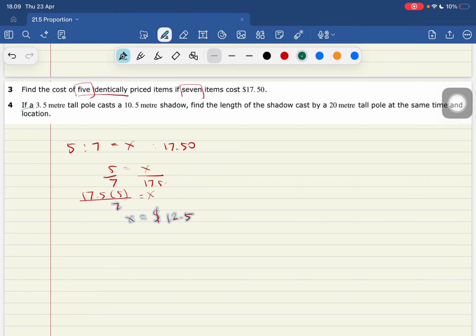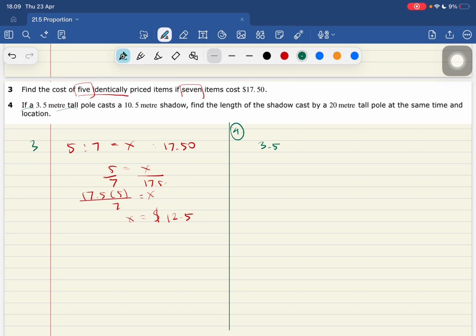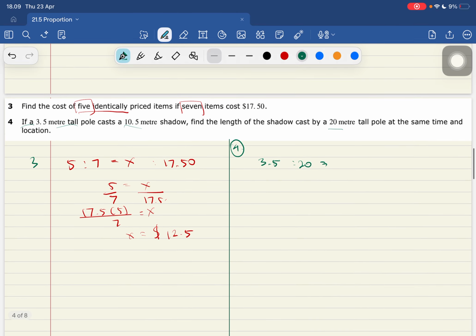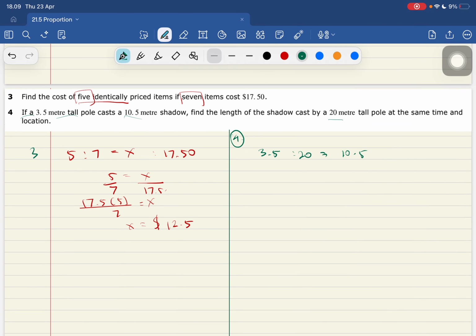Let's write the unknown as y. Let us change it into a fraction: 3.5 over 20 equal to 10 divided by y.